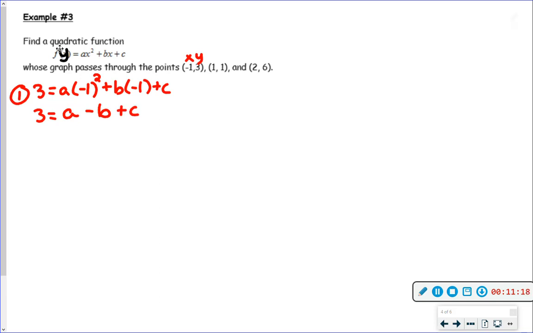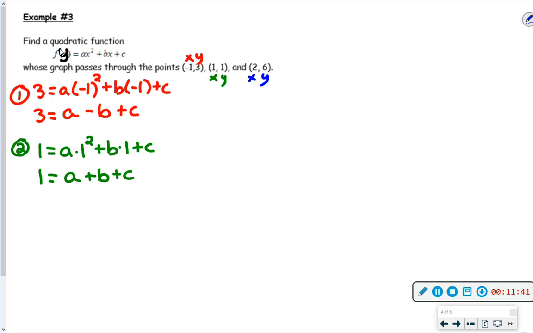Okay, second one, I'm going to do x, y, 1 and 1. So 1 in for y, 1 in for the x's. And I know some of you can just do this and clean it up all in your head. I'm just writing it out so it looks nice for our notes. 1 squared 1 times a, b times 1, c. All right, final equation 2, 6.